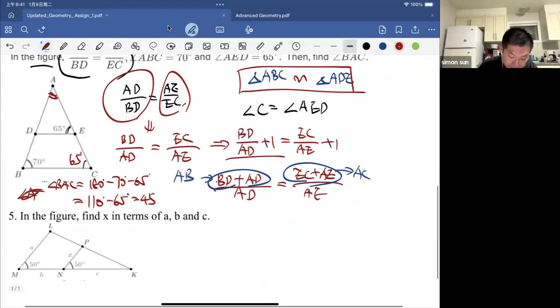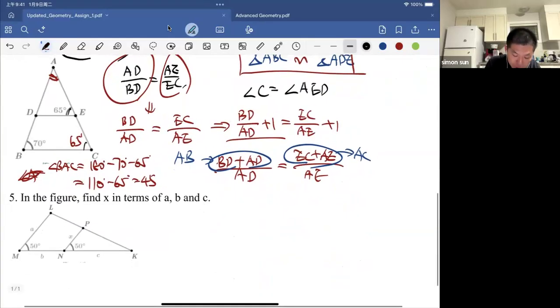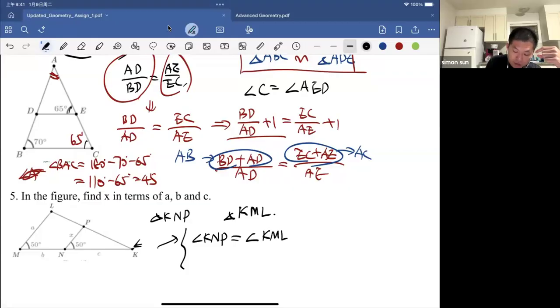Okay. Number 5. If you take a look at this triangle, let's start with vertex K. Triangle KNP and triangle KML: if you take a look at these two triangles, their two corresponding angles are equal. Angle KNP is equal to angle KML, equal to 50 degrees, already marked on the graph.